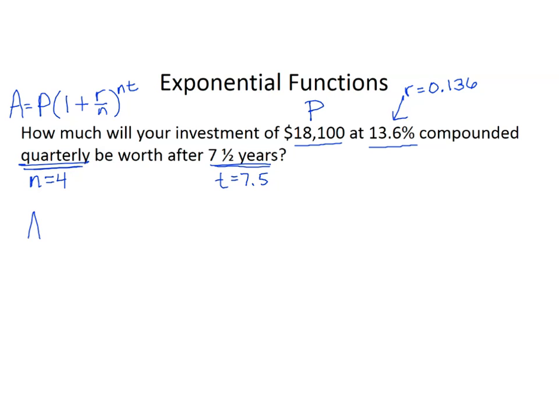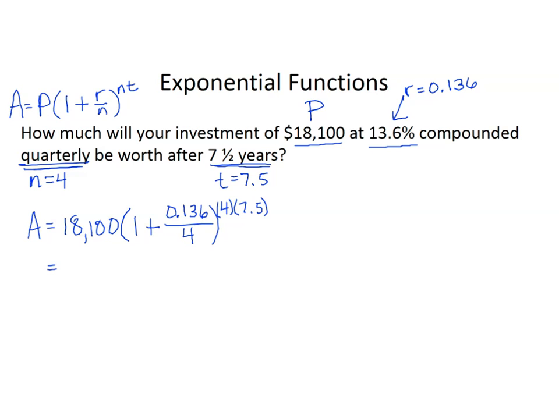So now let's fill it all in. A equals 18,100 times 1 plus 0.136 over n, which is 4, raised to the nt. So raised to the 4 times 7.5.